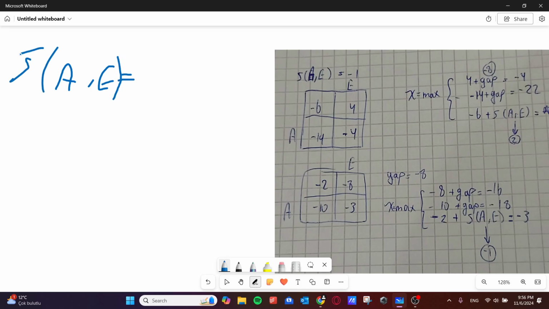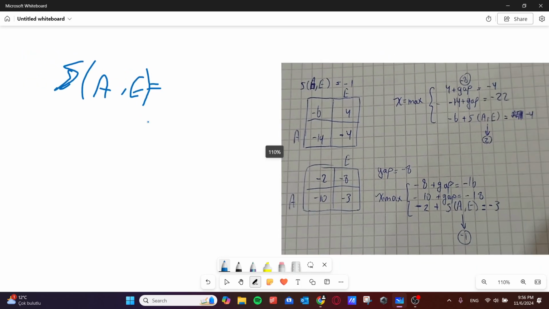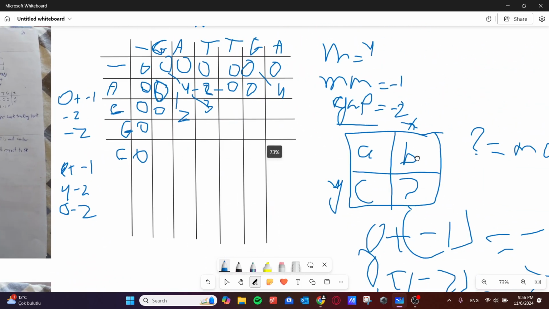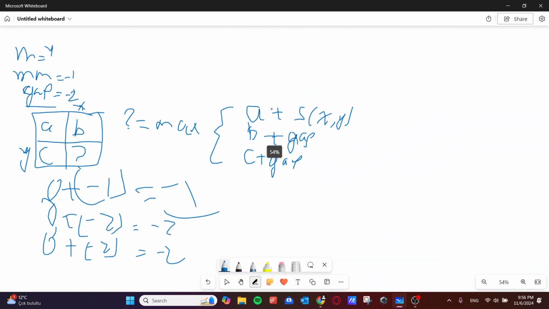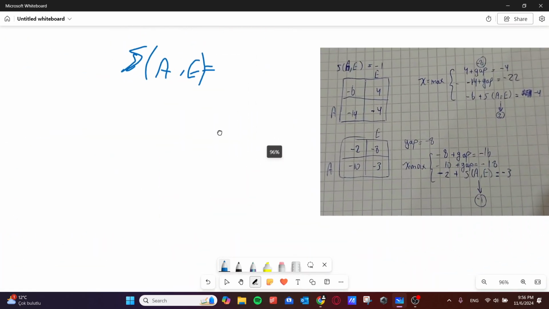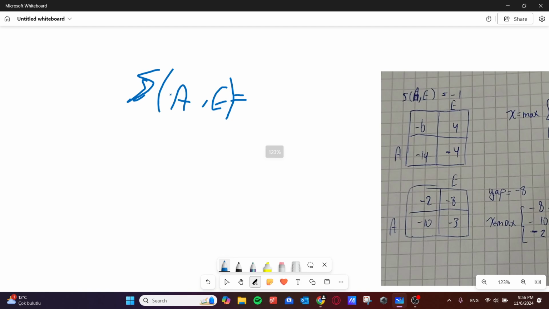So we don't have the alignment of AE, but based on the rules we have made here, as you remember, A plus S of X and Y, or the alignment of X and Y. So here, what is the alignment of S, A with E?